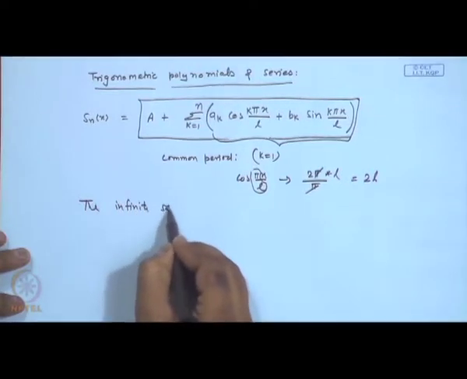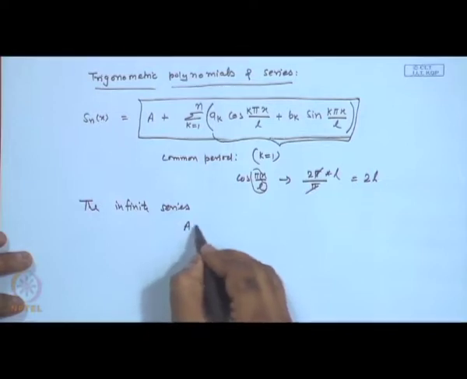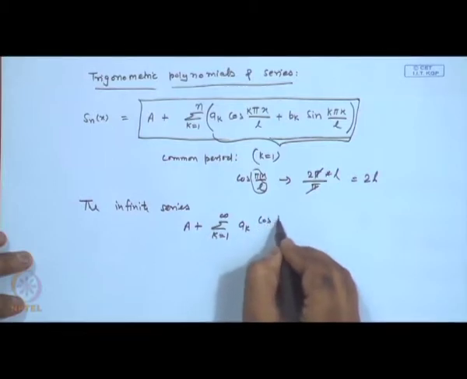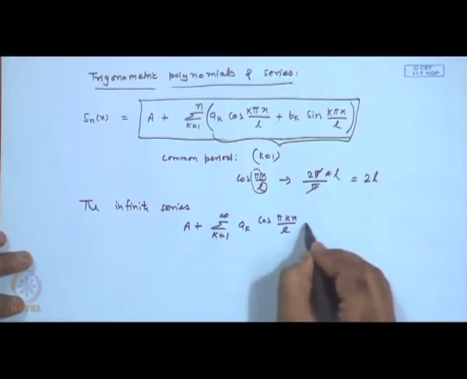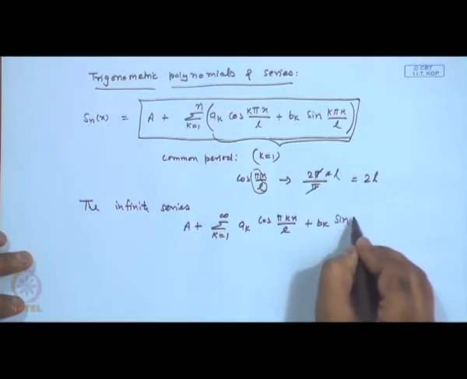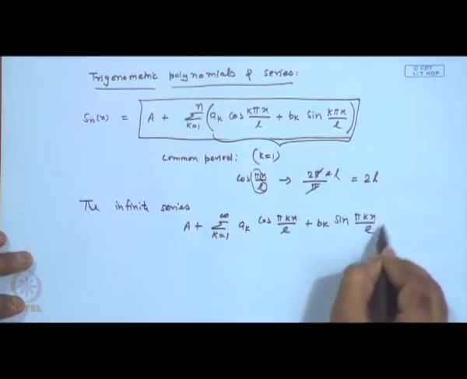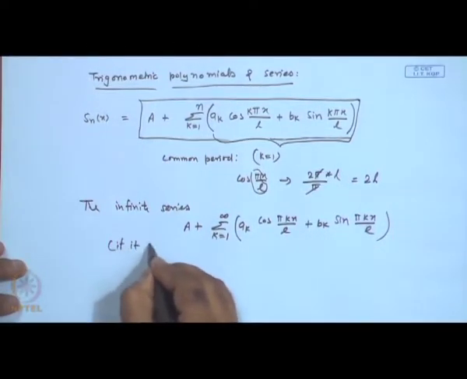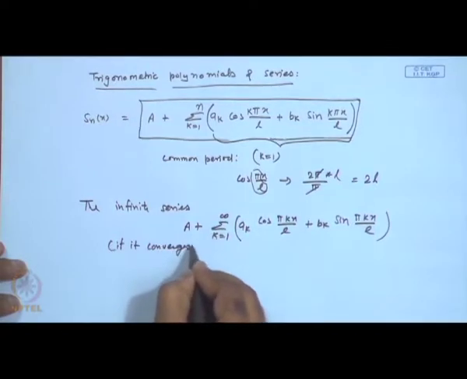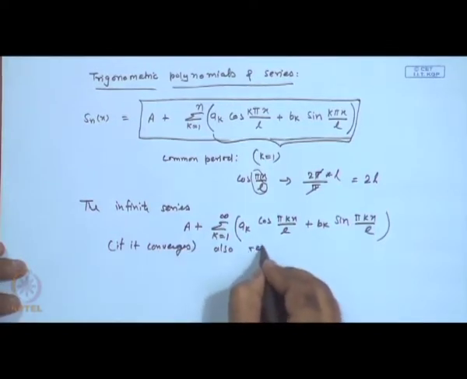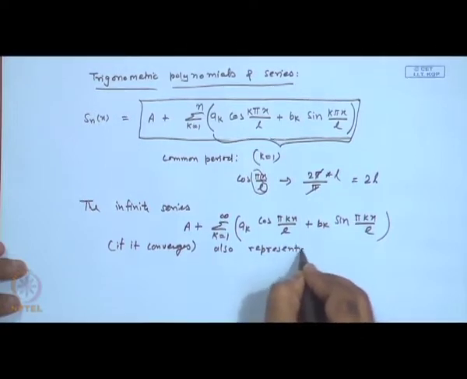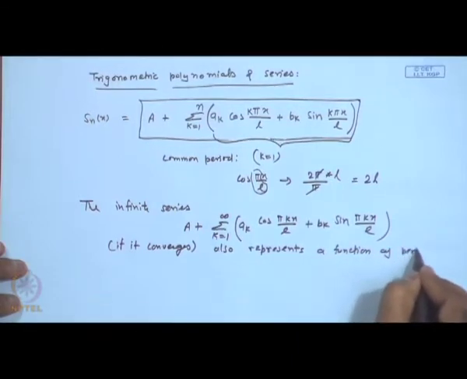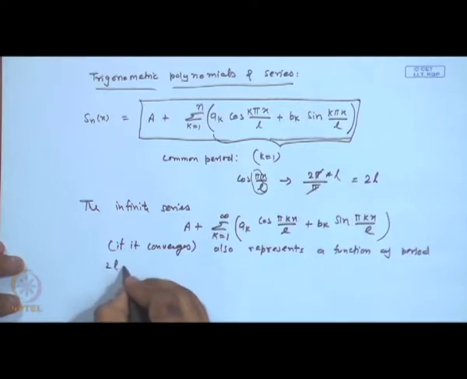So, the infinite series a plus the sum from k equal to 1 to infinity of a_k cos(pi k x over L) plus b_k sin(pi k x over L), if it converges, also represents a function of period 2L.